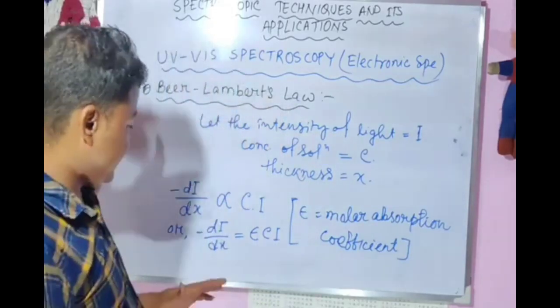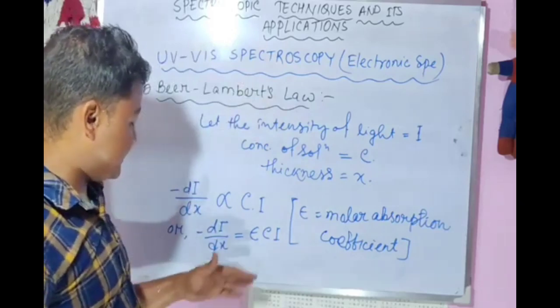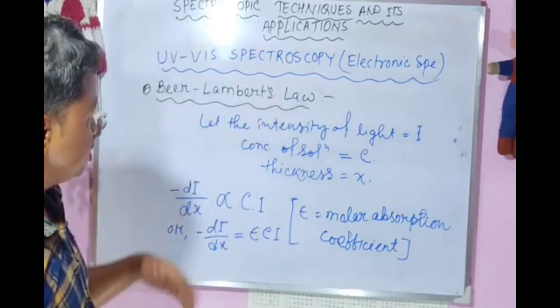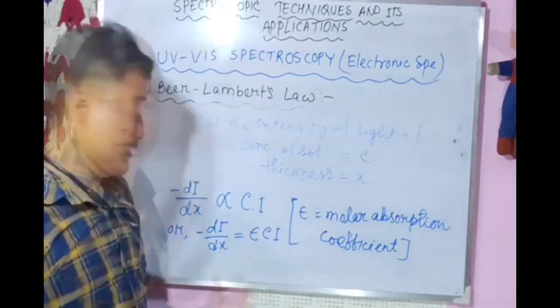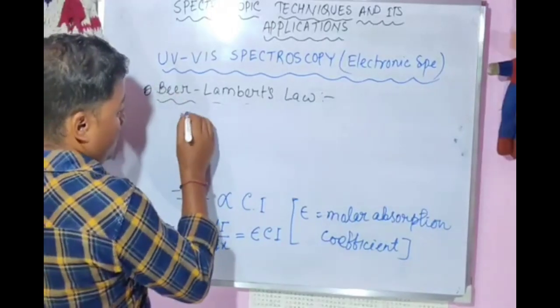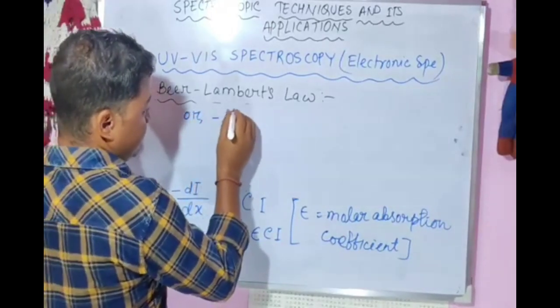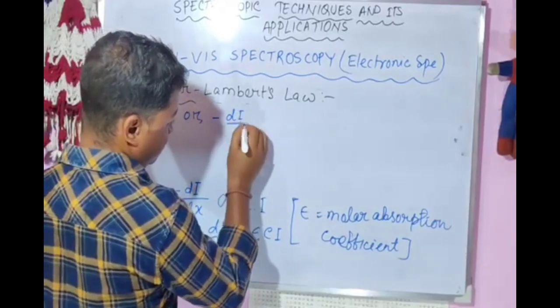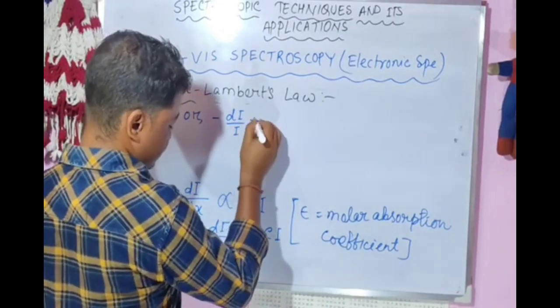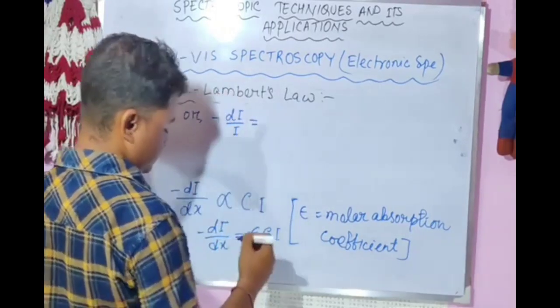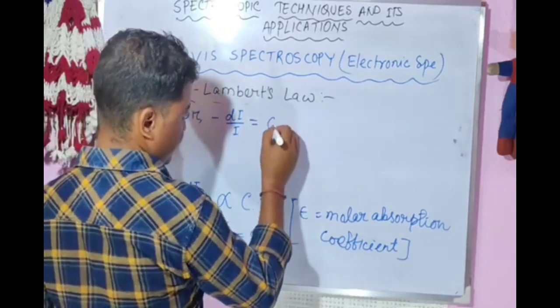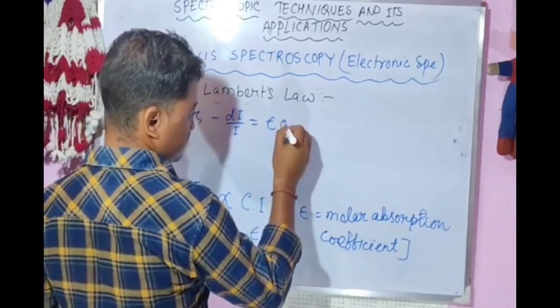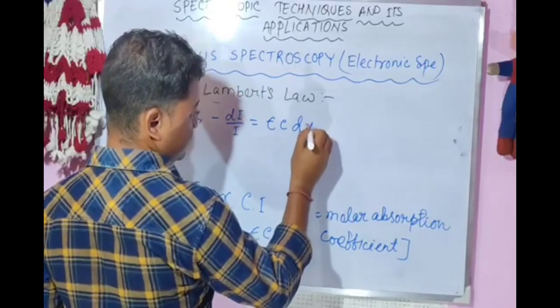If we arrange and integrate, then the simple form comes. Minus dI by I is equal to epsilon C dx.